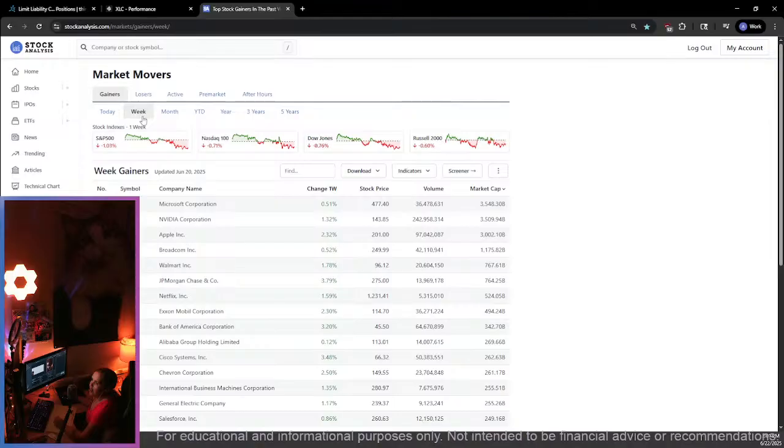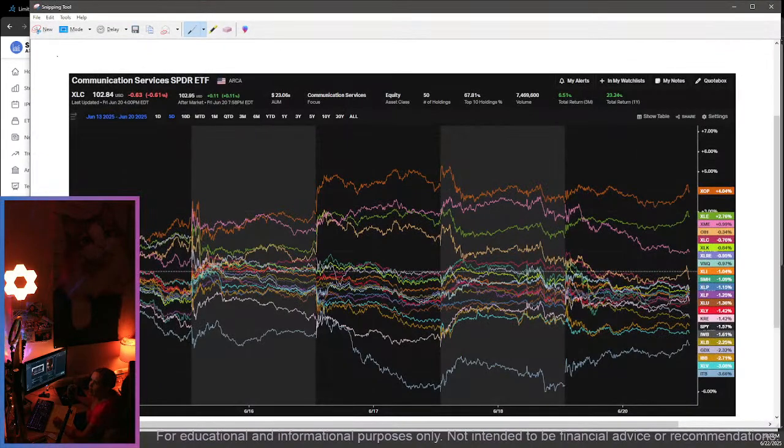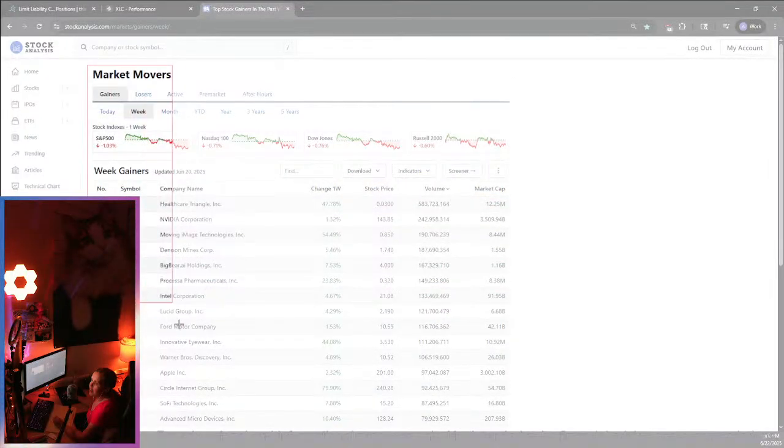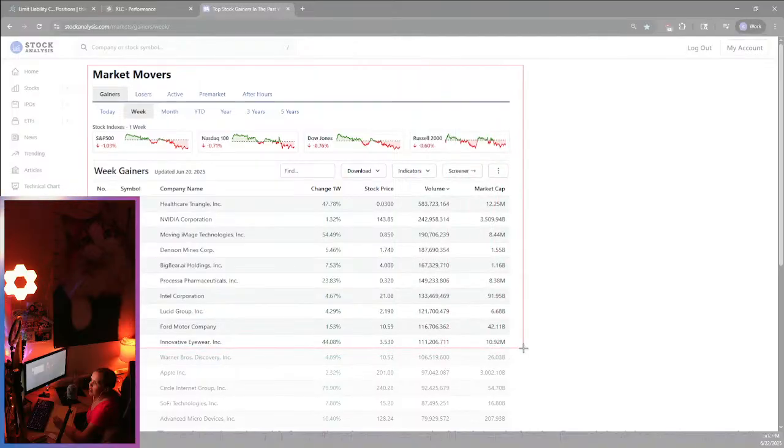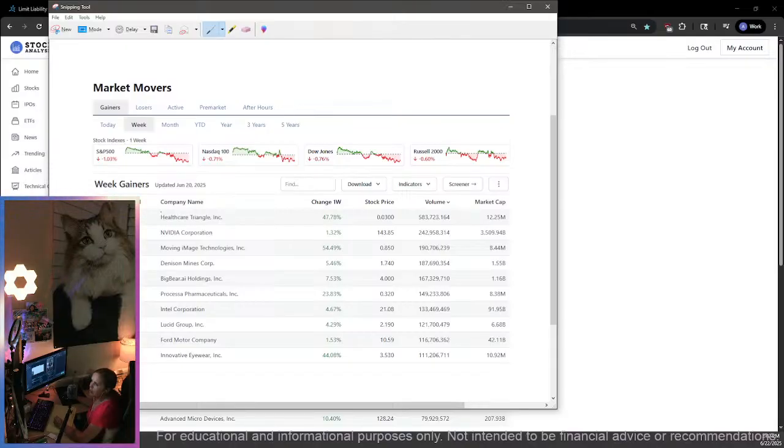Let's look at our gainers for the week. We could look by volume. We have here HCTI, NVIDIA, Denison Mines Corp.